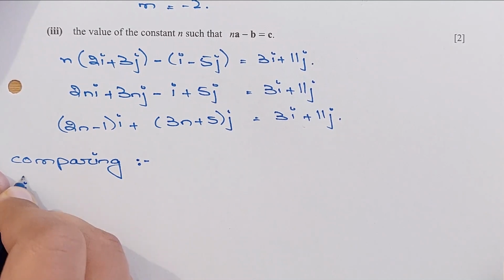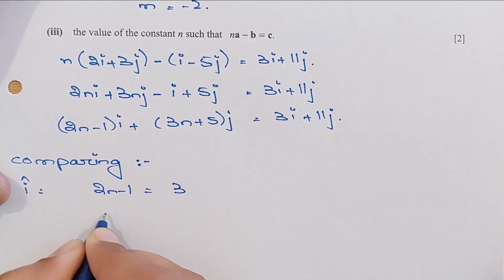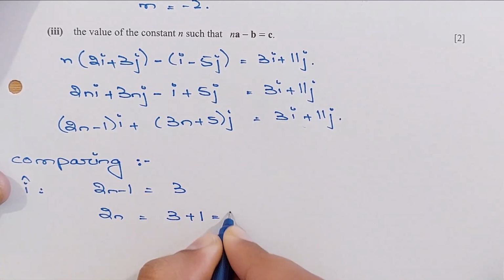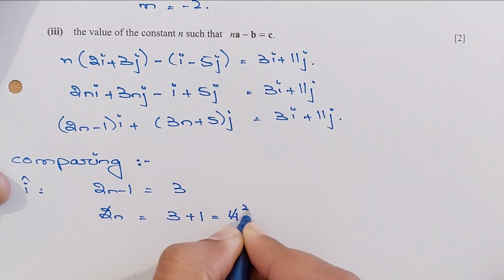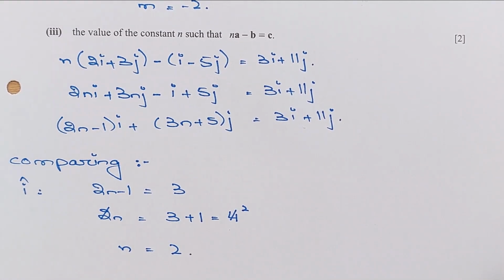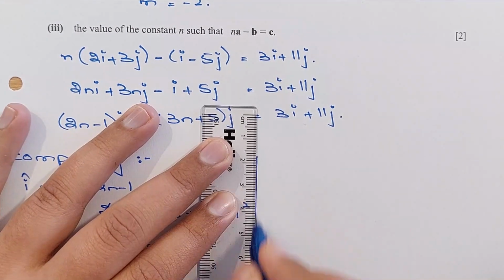Now let me compare the i unit vector. 2n minus 1 equals 3, and from here 2n equals 3 plus 1, which is 4, and 2 times 2 equals 4, so n equals 2, right? Now let me compare the j component. We will get the exact same value.